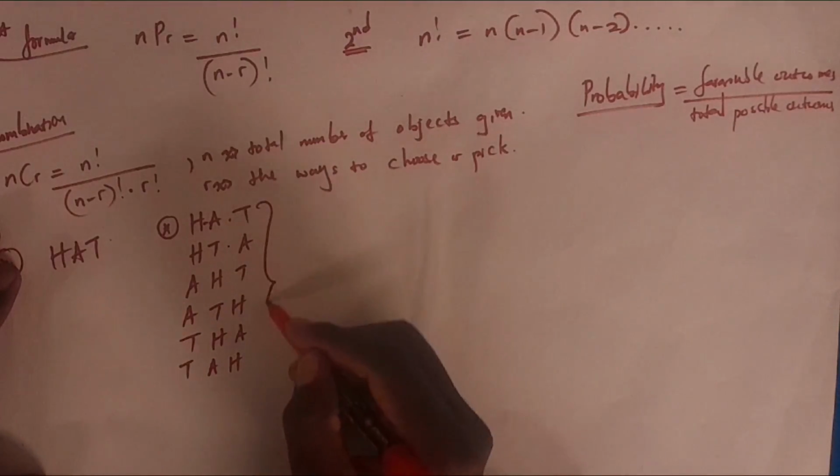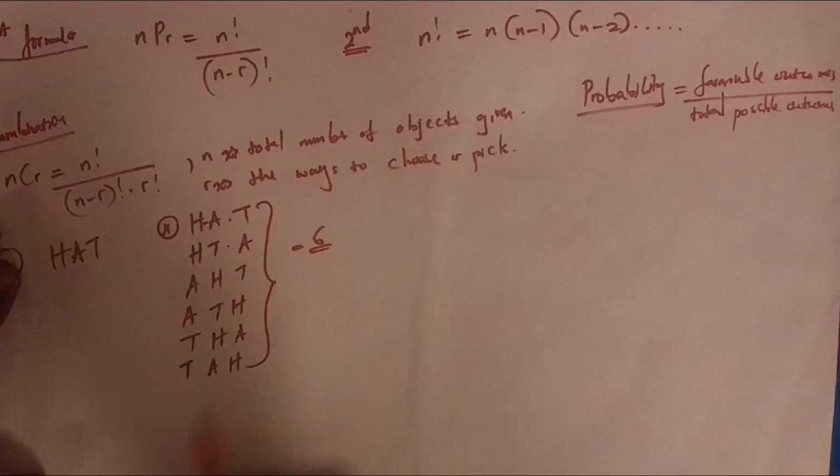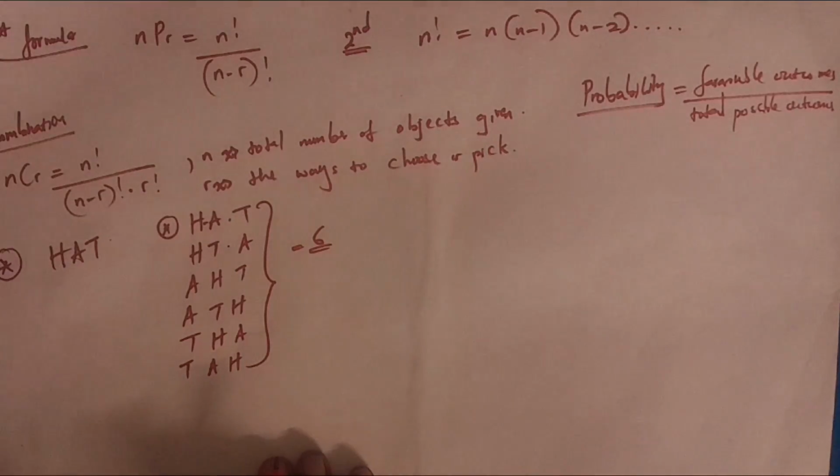We are going to find that we have the value 6. So this is how we find the permutations of a certain thing which is being asked.